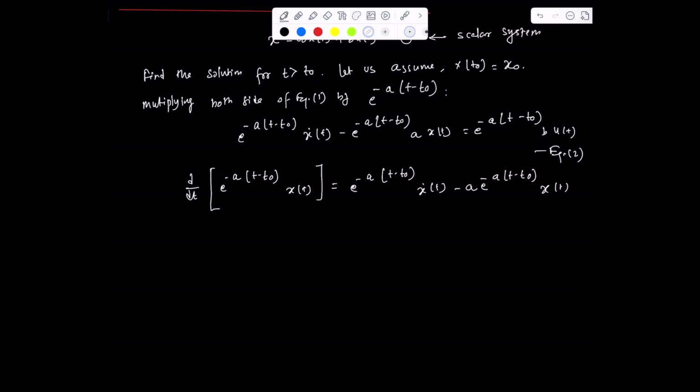If you notice here, both these terms are the same. So instead of this term, we can write this expression there.